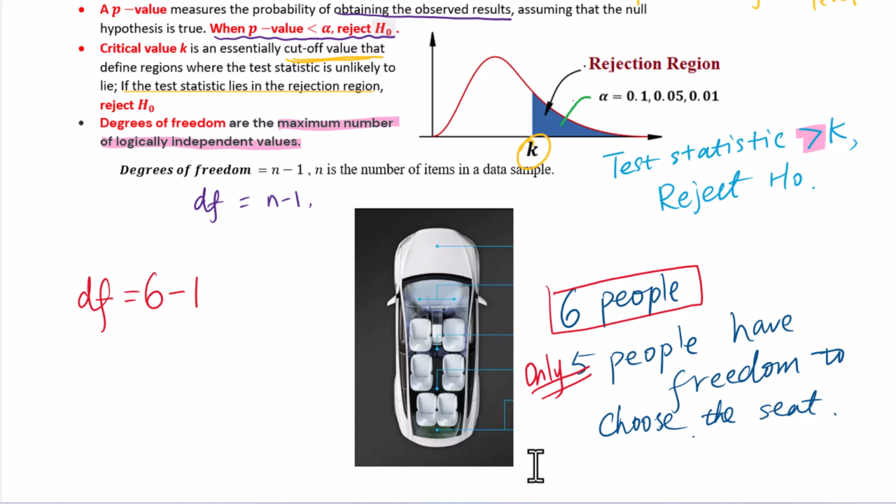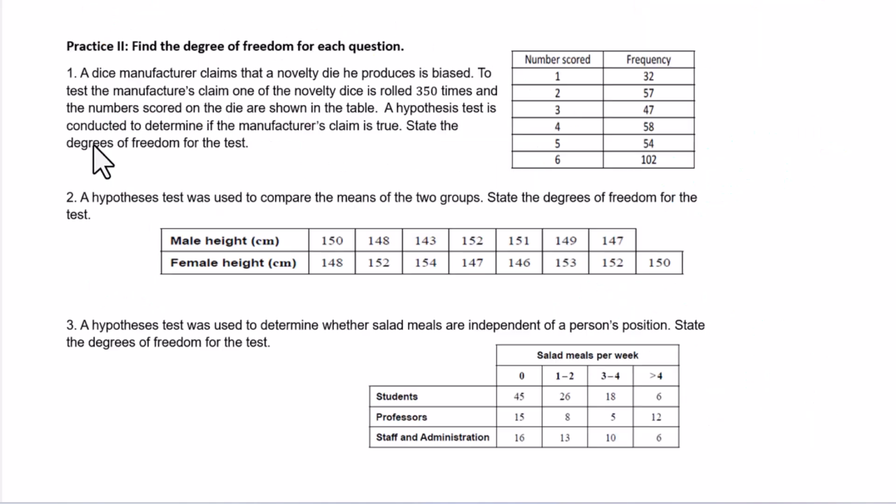The last person has no freedom to choose the seat. In other words, the degrees of freedom equals 6 minus 1 equals 5.